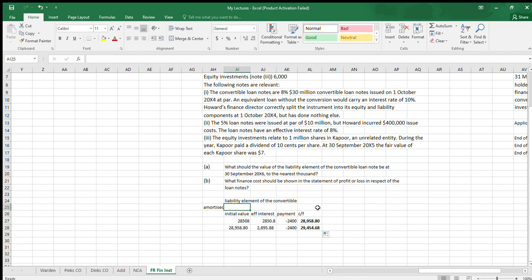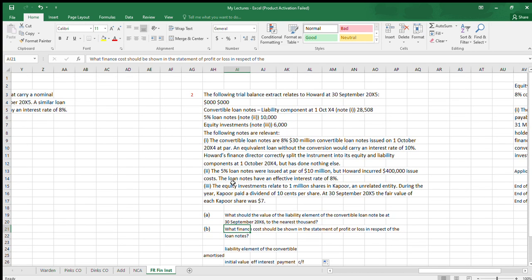So that's all about financial instruments, the financial liability and your convertibles. That's all. Your recognition, that's all. Now, part B said that the finance cost should be shown in the statement of profit or loss in respect of the loan note.